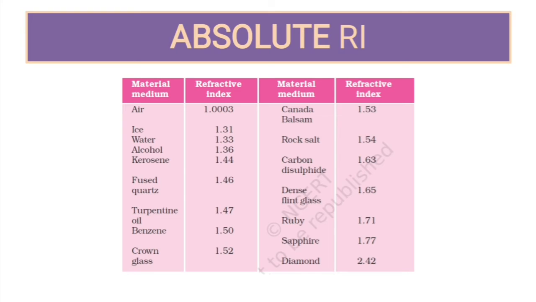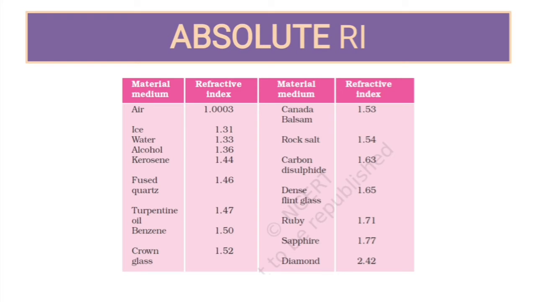It is 1.0003, very close to vacuum, because in vacuum the refractive index is 1. Obviously it will be 1, because velocity of light in vacuum to that in vacuum will be 1, right? So that's why vacuum is 1. Then air is 1.0003, very close to vacuum.